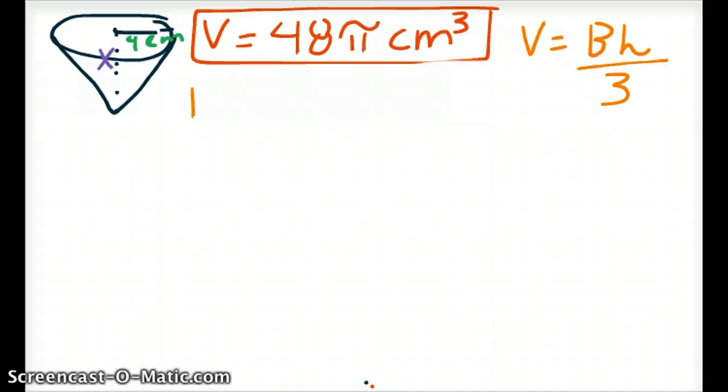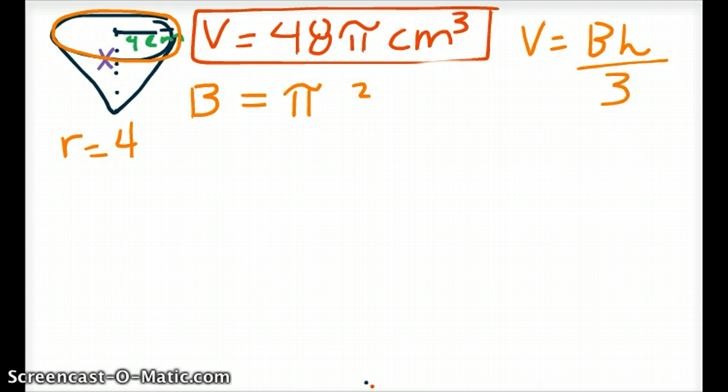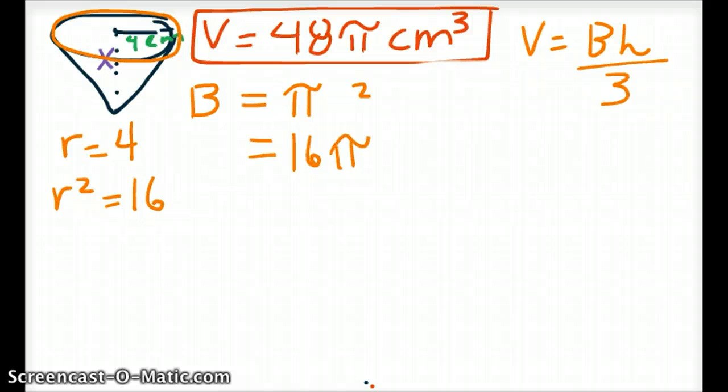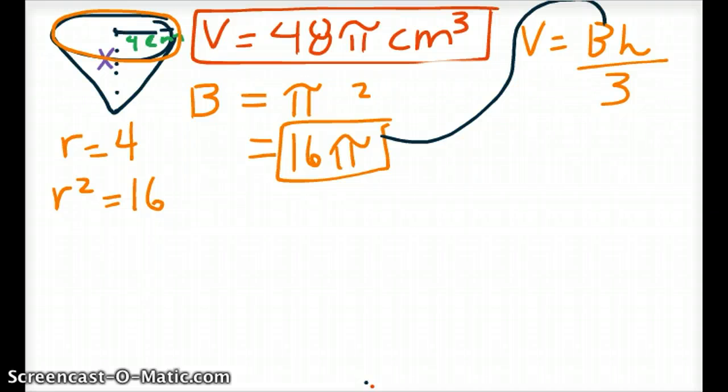You're going to fill in everything you know. So I rewrote my formula, and base is pi r squared. It's the area of the base. And we are given r, which is 4, so r squared is 16. So we can figure out the base is 16 pi. So now I can take that and plug it in there.